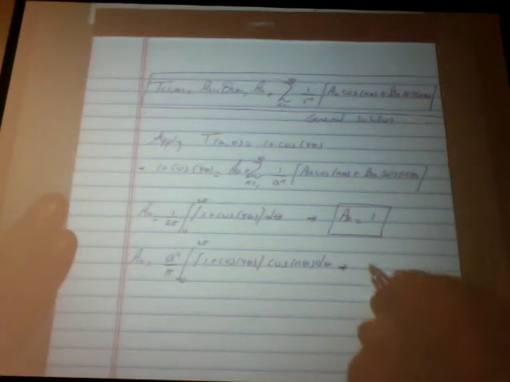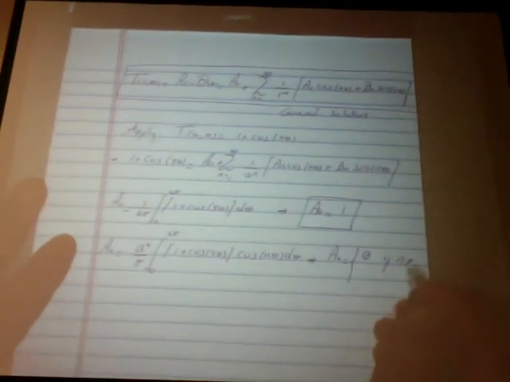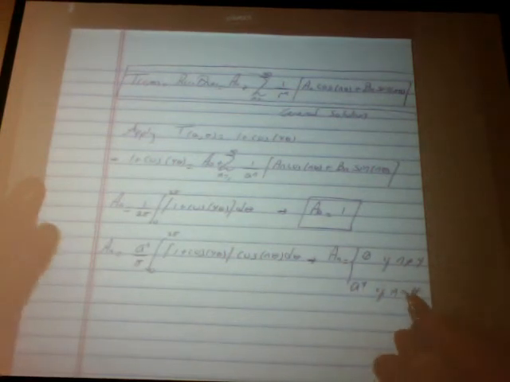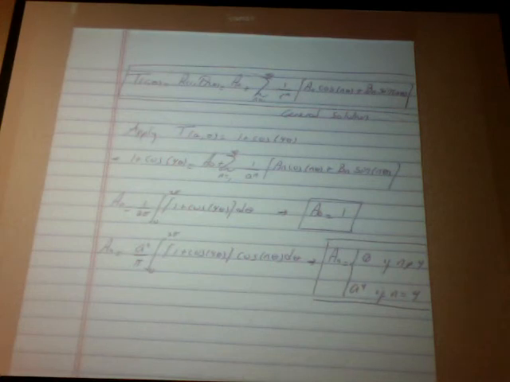And I can tell you, I already did this, and An works out to be 0 if n is different than 4, and a to the 4 if n is equal to 4. So basically that integral vanishes for all values of n, except when n is equal to 4. Because again, the cosine is orthogonal to the cosine. And this needs to be cosine squared, otherwise it will just vanish.